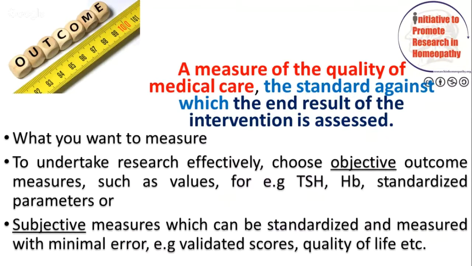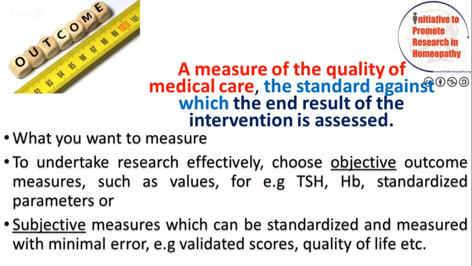But if the patient says my headache is better, better is not an outcome. You cannot statistically assess better unless it is a validated score, a part of that score system. There may be subjective measures which can be standardized and measured, for example, validated scores, quality of life.